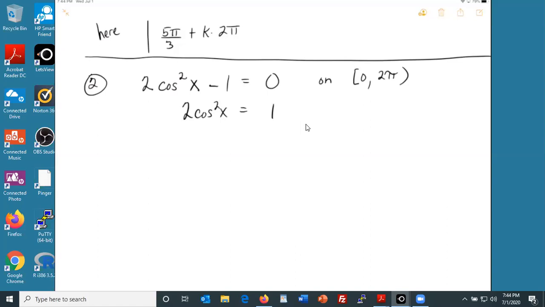All right, next, there's that 2 in front. Divide that. So we get cosine squared of x equals 1/2. Now you want to be careful here because we're not going to be looking up 1/2 on the unit circle because I'm still not done. I have a square on the left side. So now I'm going to take the square root of both sides.